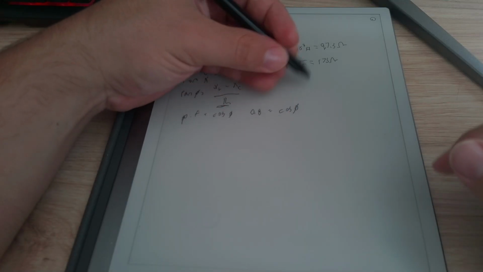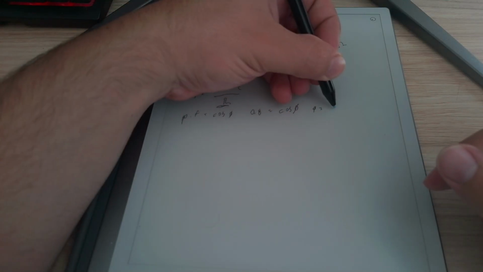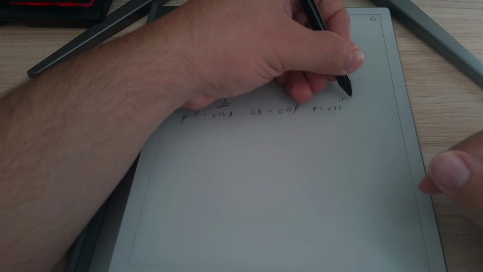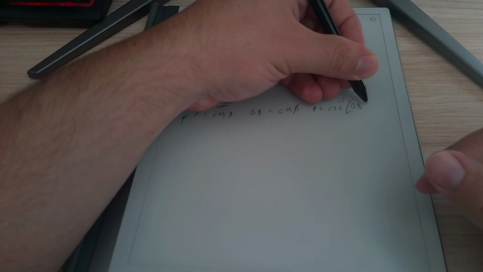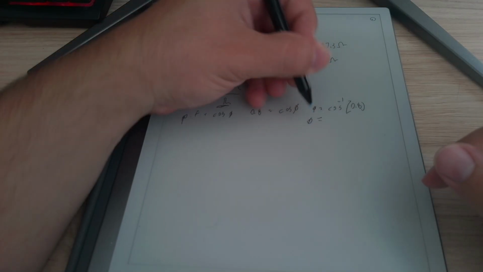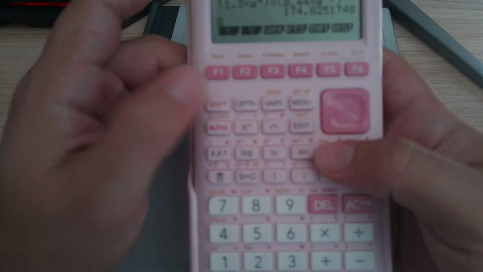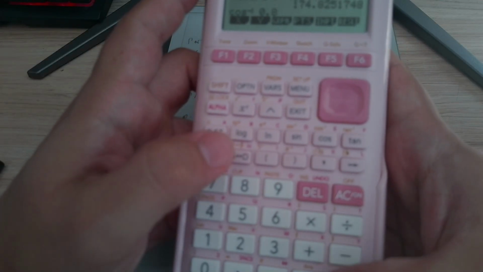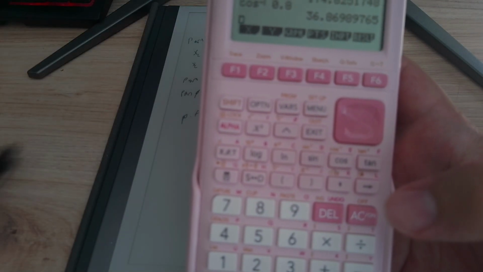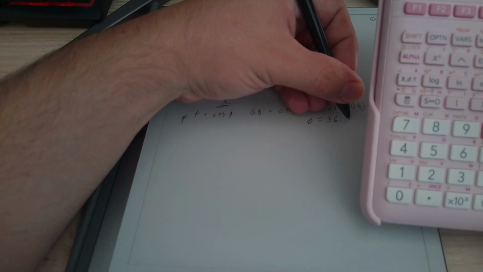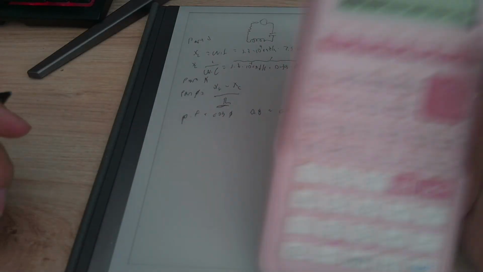So all we have to do is just inverse that. So phi is equal to arc cosine of 0.8, and that will give us what our angle is. That should be 36.86, which is 36.9 degrees.